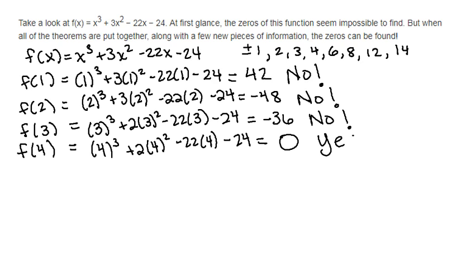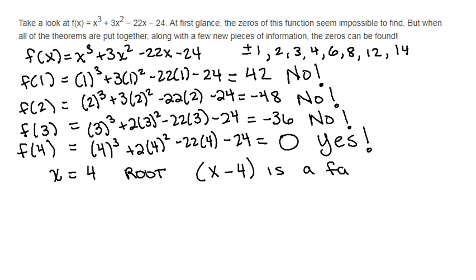So yes, we found our first root. x equals 4 is a root, or zero, however you want to remember it, which means that x minus 4 is a factor. That's our first factor.